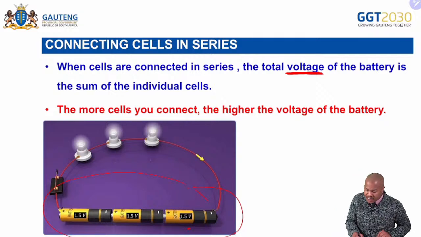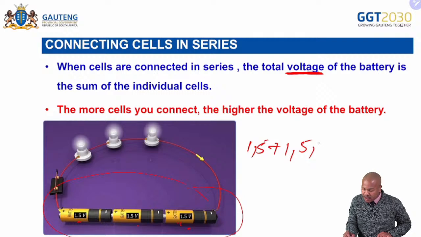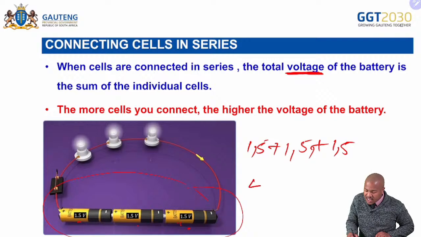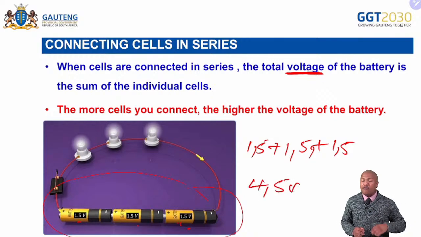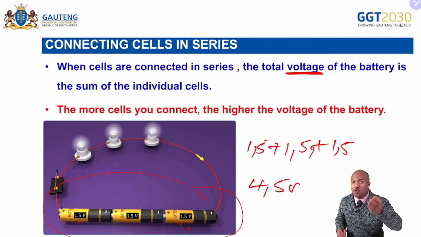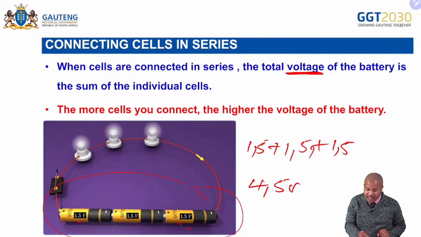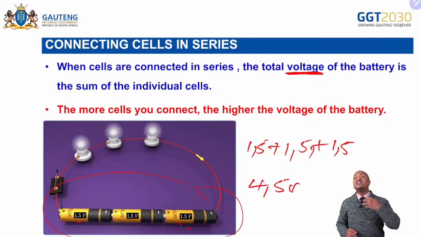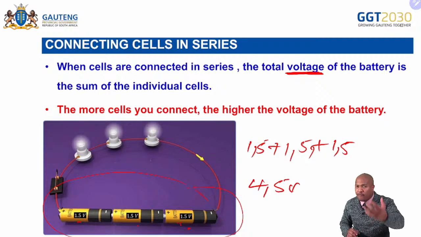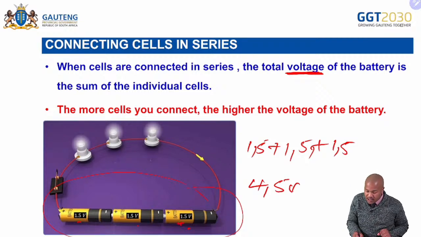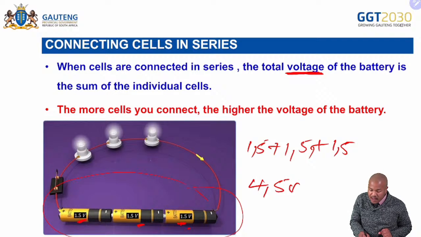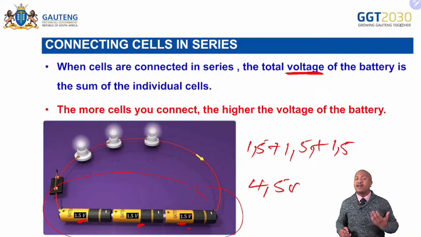We simply mean that as each of these is 1.5 volts, it's going to be 1.5 plus 1.5 plus 1.5. How many volts does it give us? It gives us 4.5 volts for the battery in total. Meaning the potential difference in this circuit is 4.5 volts, because it is the sum of the individual cells.